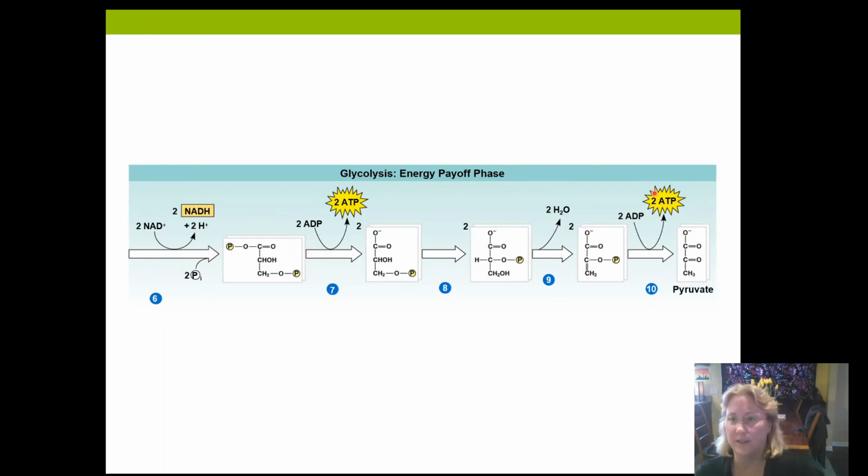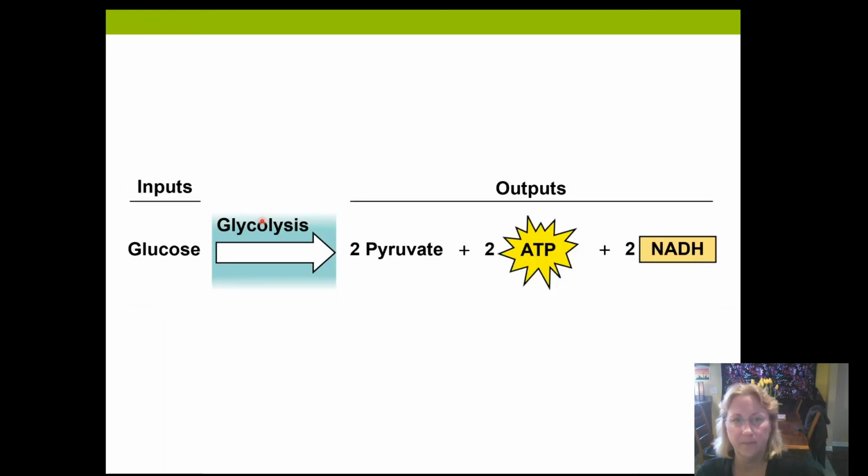So it generates 2 net ATP, because we have to account for the ATP that we used at the beginning, the 2 ATP that were already used. So we get 2 net ATPs, 2 pyruvates, and 2 NADH with their high energy electrons.